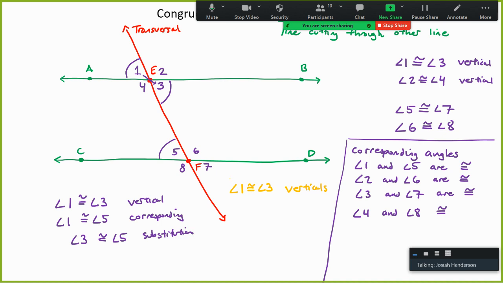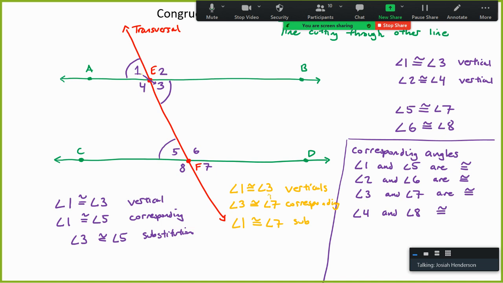But 3 corresponds to 7, so we could state that they're corresponding. And if we substitute 7 in for 3, because both of my congruencies I've written have 3's, right? So the 7 can switch out. Angle 1 is congruent to angle 7. Through substitution, that's how we did that.